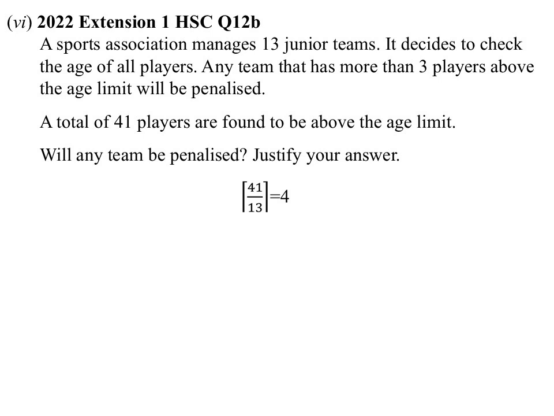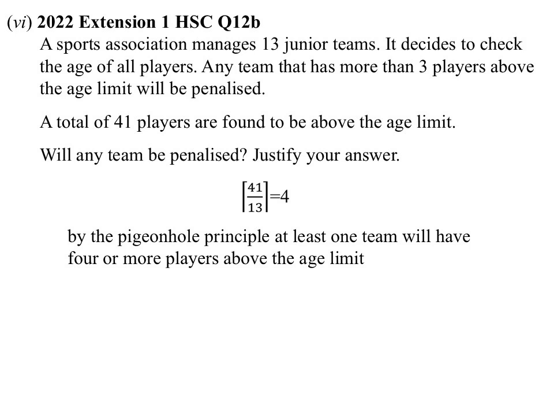We found these 41 illegal players, and the slots are the teams that they're going into. 41 divided by 13, rounded up, is 4. So yes, at least one team will have 4 or more players above the age limit, because the ceiling function there is 4. A team will be penalised.